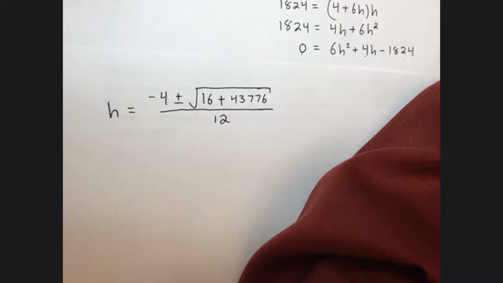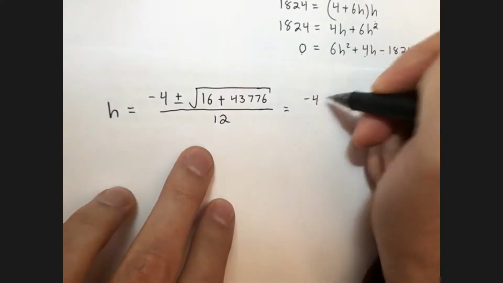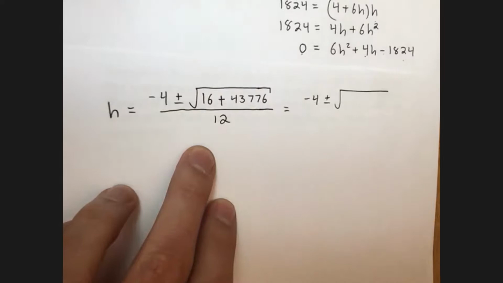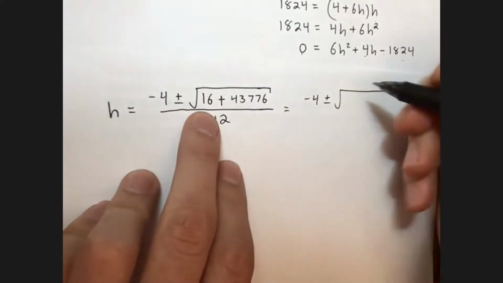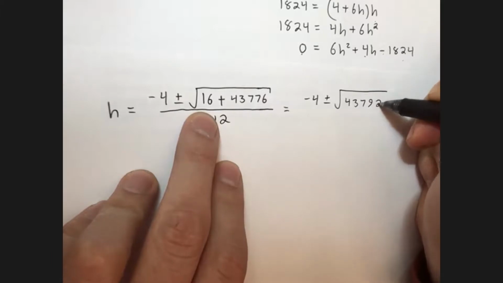Ooh, it's not a perfect square. That's unfortunate. Okay. Let's see here. So when I add 16 to that, I get 43,792.